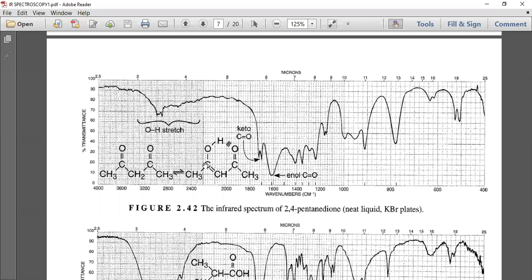So the bond order will be around 1.5. So that is why it is showing less frequency. This is for normal ketone, but still because of hydrogen bonding, its carbonyl stretching frequency will come down. Because hydrogen bonding weakens the C double bond. So normal ketone will appear around 1710 or 1720, but because of this hydrogen bonding, its frequency may come down around 10 centimeter. Okay.